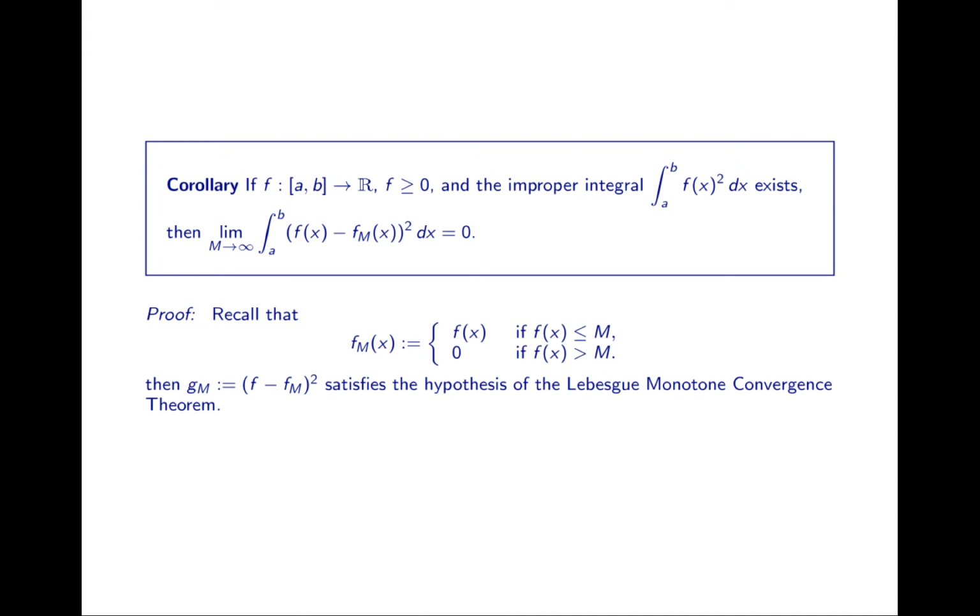Well, if I just consider the difference f minus fm, squared, as m increases, fm gets closer and closer to my actual function. Right? I'm capturing more and more of the function. Therefore, the difference between f and fm satisfies the hypothesis directly of the Lebesgue monotone convergence theorem. And that gives us our result.